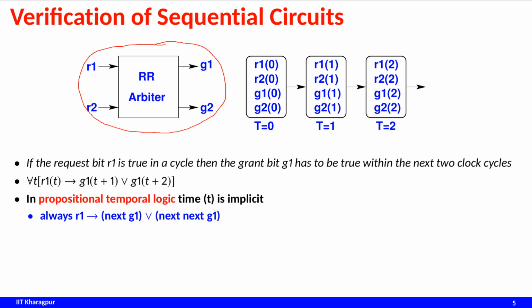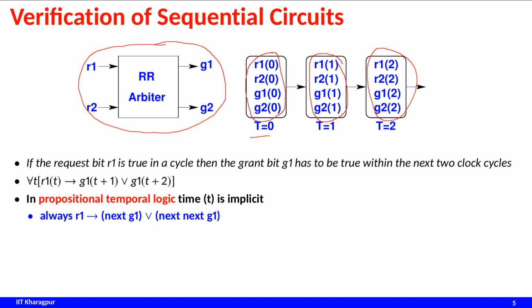We have this sequential circuit, we unfold it, and when we are doing this unfolding, we are only noting down R1, R2, G1, G2. These are the R1, R2, G1, G2 values at t equal to 0, the initial time instant. Then I will have similar values at t equal to 1 as well, and similar values for t equal to 2 and so on and so forth.